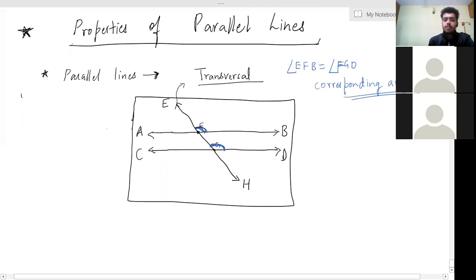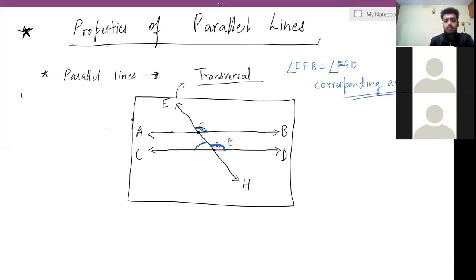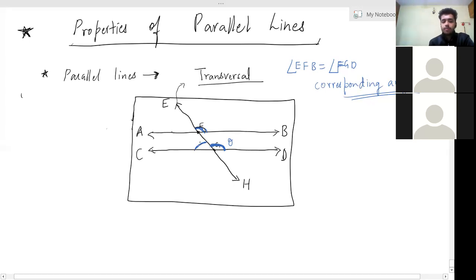Now, let's say this is theta degrees. What is this angle plus this angle? 180 degrees. Yes. Both of them together give me 180 degrees, right? That is a linear pair. So this I can write as 180 minus theta.